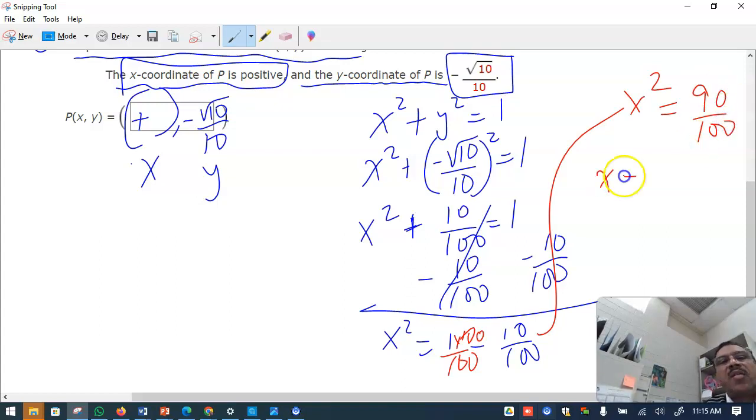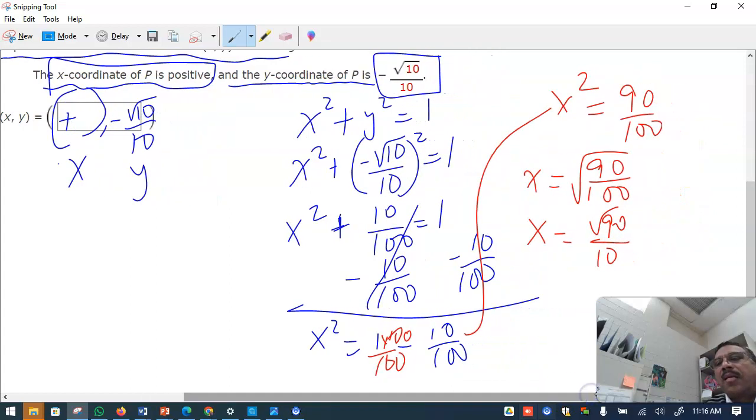So x equals the square root of 90 divided by 10. You can also write this as the square root of 9 times 10 over 10.